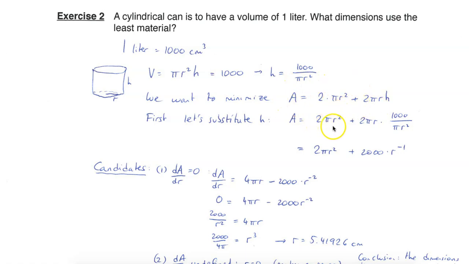I get A equals 2 pi r squared plus 2 pi r times what used to be h, now 1000 over pi r squared. The r's cancel out a little, and it is very nice to have them as r to the negative 1, because now we can use the power rule rather than the quotient rule. So A equals 2 pi r squared plus 2000 times r to the negative 1. There's no pi in this term.